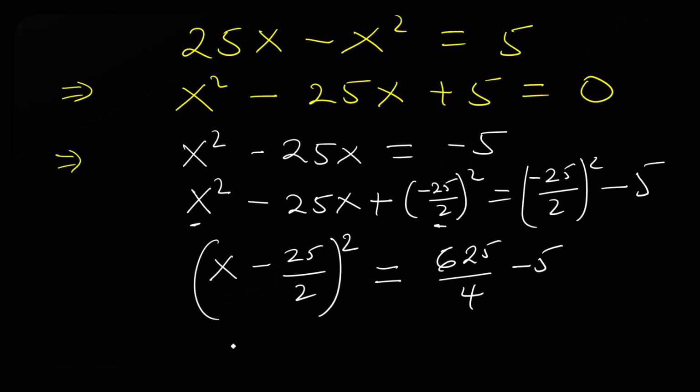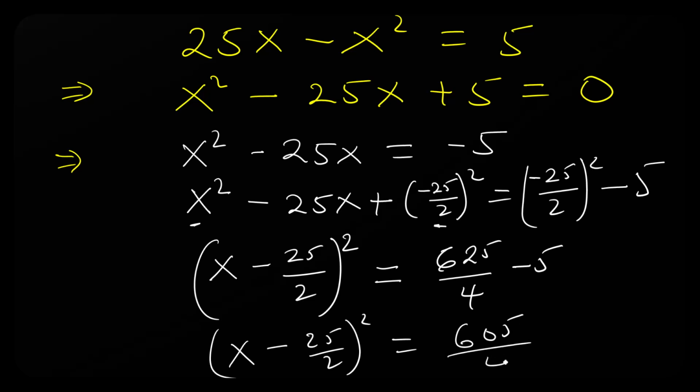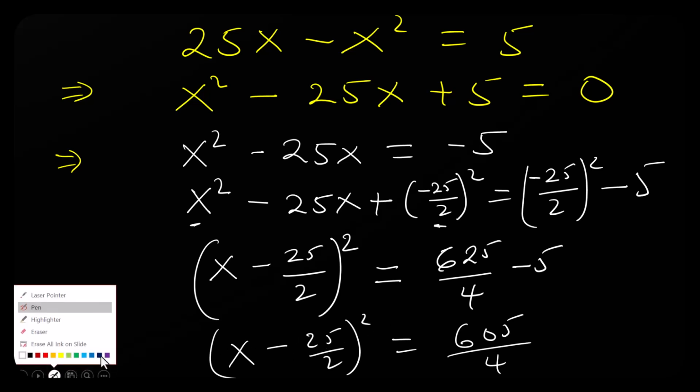So we have x minus 25 on 2 all squared equals 605 on 4. Okay, so the next thing is to remove this part here. So we take square root on both sides. So that is x minus 25 on 2 all squared.